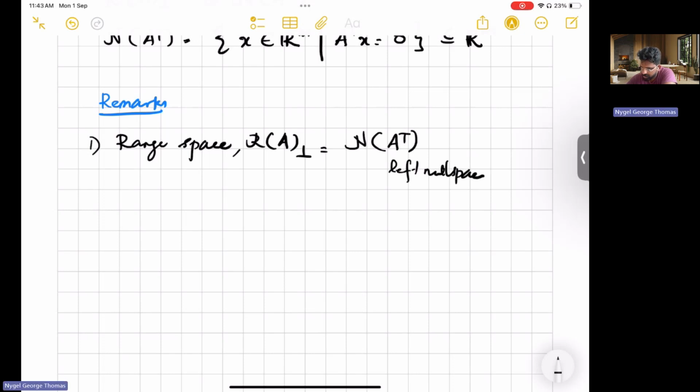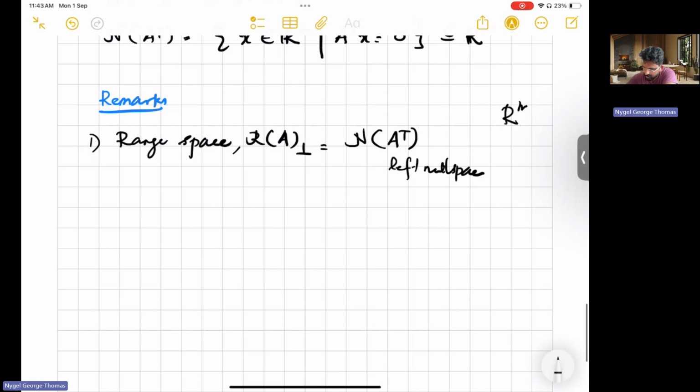So both partition the Rm dimensional space. Some part of it is R(A) and some part of it is N(A transpose).